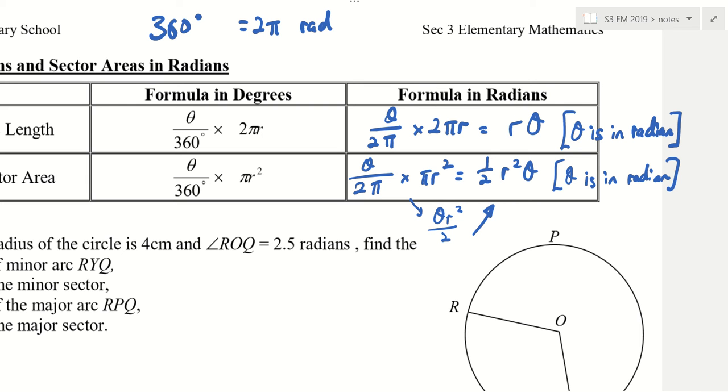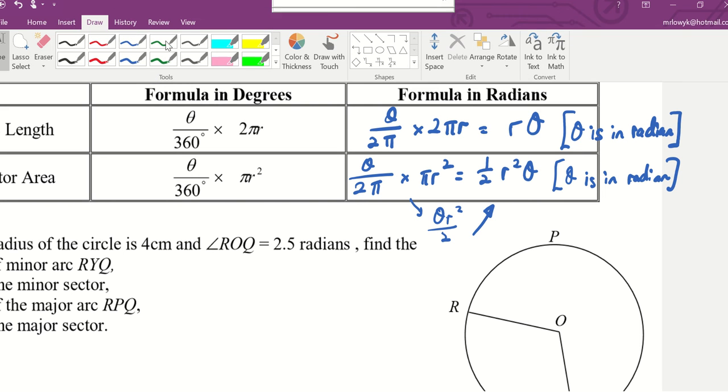Now, why do I show you in such a weird format? Because this and this, the good news is, these two formulas are given in exam. But these two are not given in exam. Understand? Okay? So, can you highlight and write down, very important, so that you don't memorize the wrong formula.